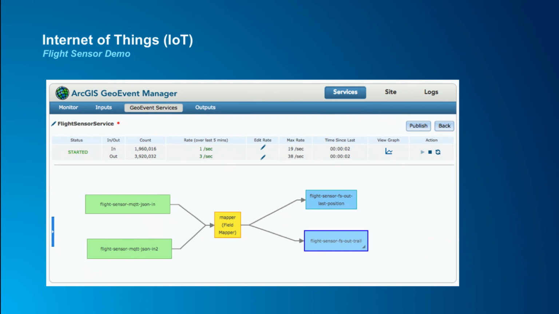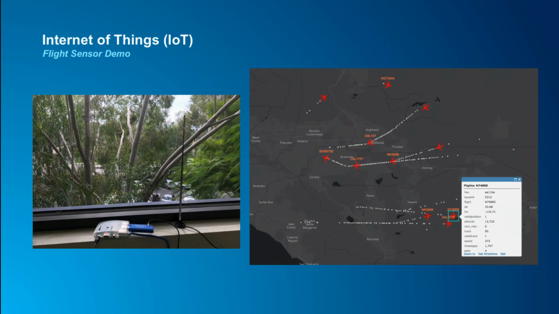And the other is to add a feature output, which we used to show the flight trails. We enabled the auto-delete function on these two outputs so that we can remove a flight if it has not been updated for a while, and to keep the trails to a certain length.